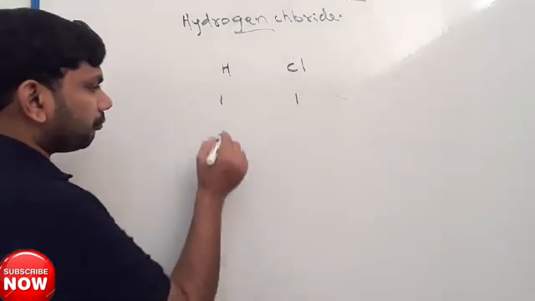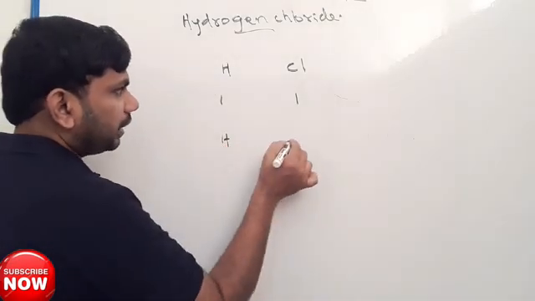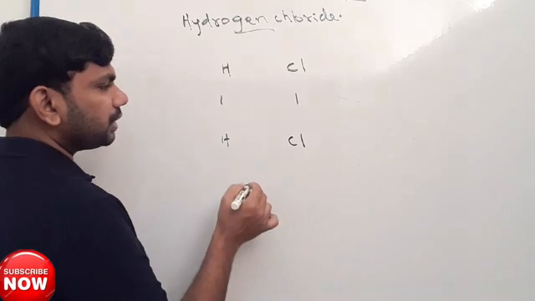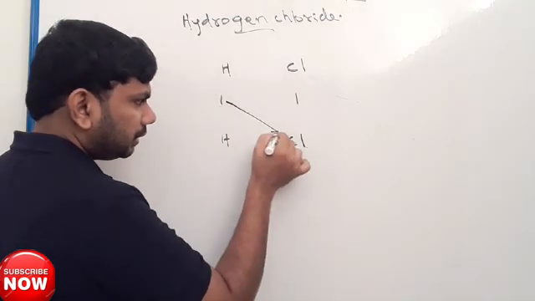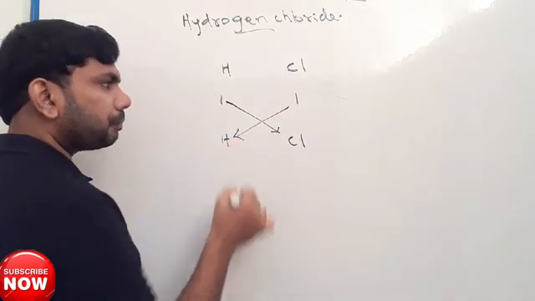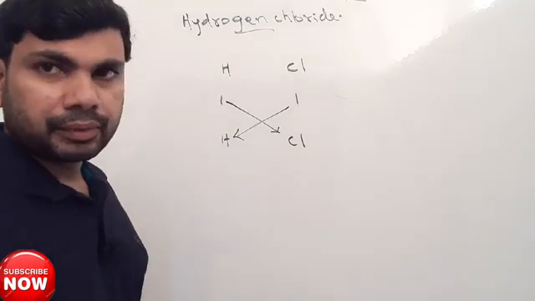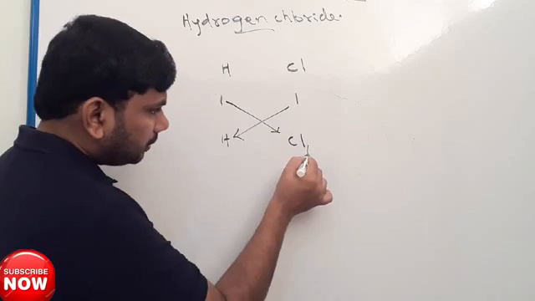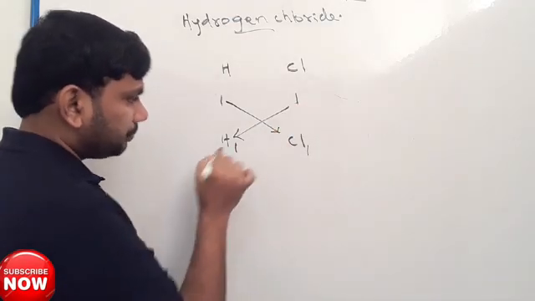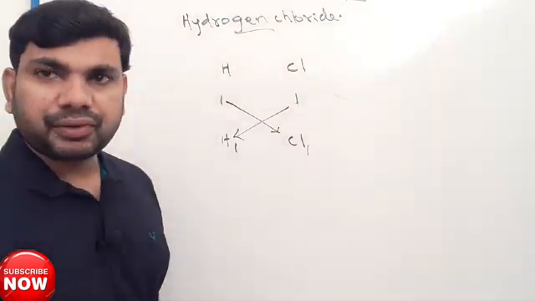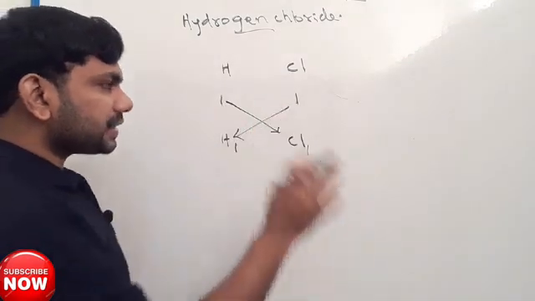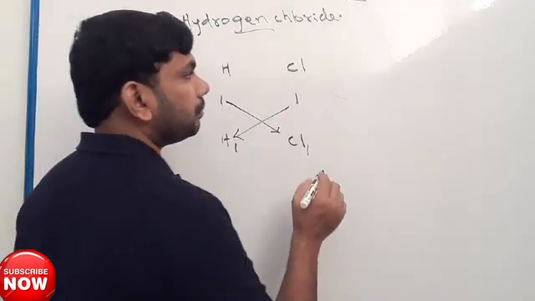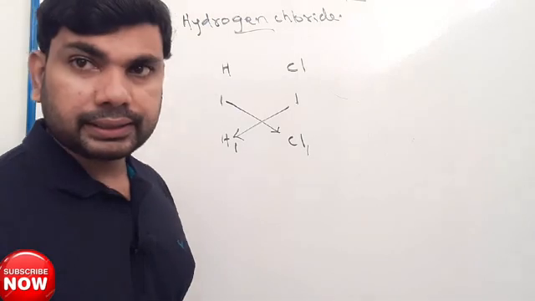Then write the symbols of the elements again, hydrogen and chlorine. Then you have to do cross multiplication. Cross multiplication means this one here, this one over here. Sometimes it will be different. Here both are the same number. I will give you another example. Magnesium chloride.